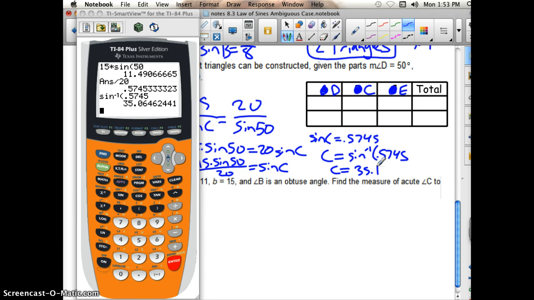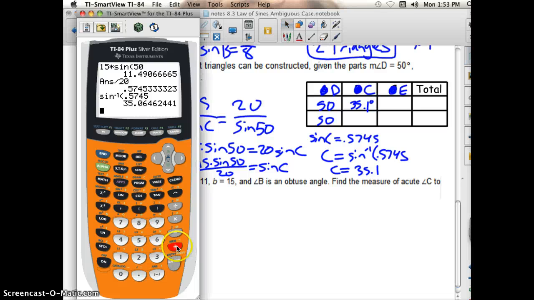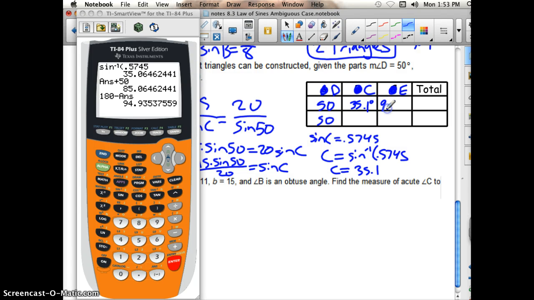Measure of angle D is 50, and this one's 35.1. That's certainly going to leave enough left over. Add 50 to that, and then do 180 minus that, and that will give you 94.9. So that's okay. That adds up to 180.